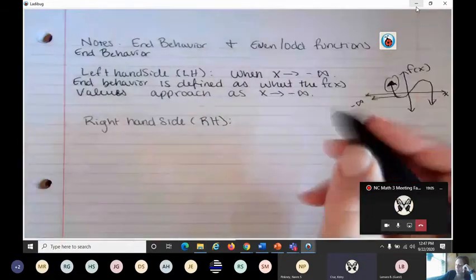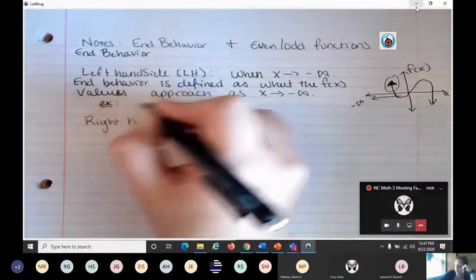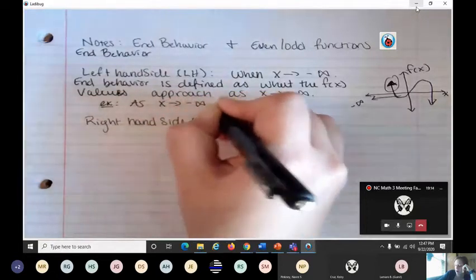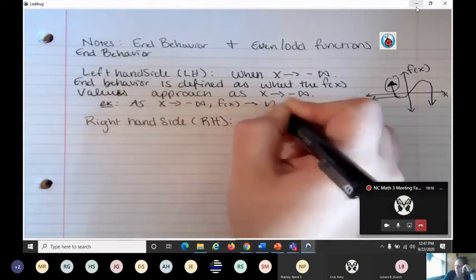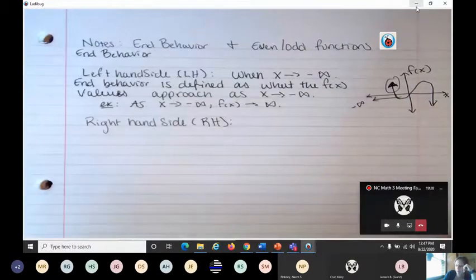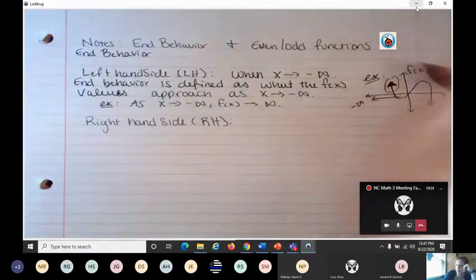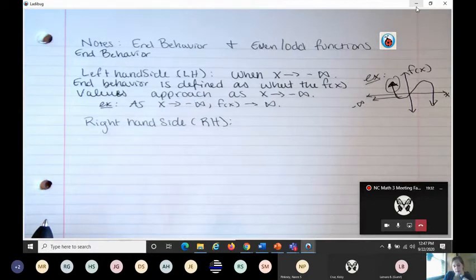So for this particular example, so in our example with the graph, as the x's approach negative infinity, our f of x's are going to approach positive infinity. Okay? So this goes with our example over here. Okay, what questions do you guys have on left-hand side, the left end behavior?